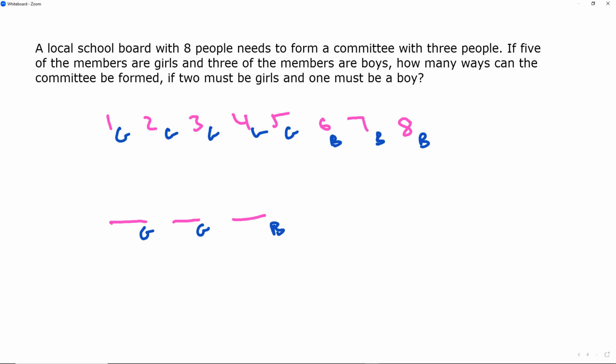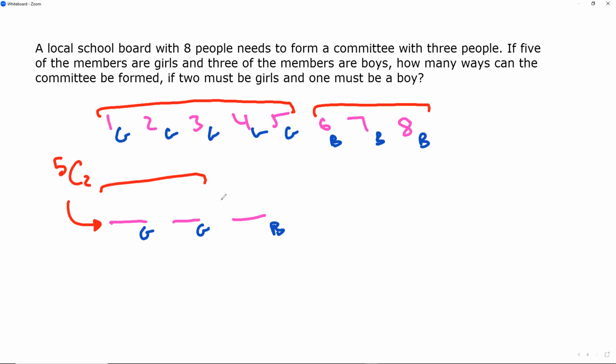So what we notice here is that we have a total of 5 girls and we have 2 spots to choose. So we would say 5 choose 2, and then three boys, choose one, to get that spot.